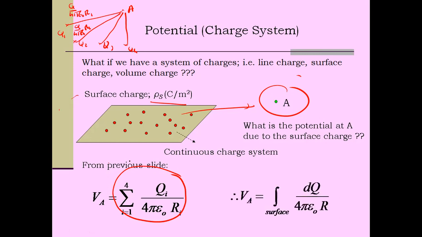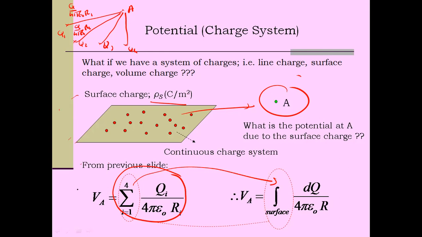If we look at this slide, we have a modification from this equation where we change from discrete to continuous. The point charges are considered a discrete system, but the line charge, surface charge, and volume charge are considered continuous. So a few modifications need to be done: we change the summation sign for the discrete case to an integration, to cater for the continuous charge distribution.